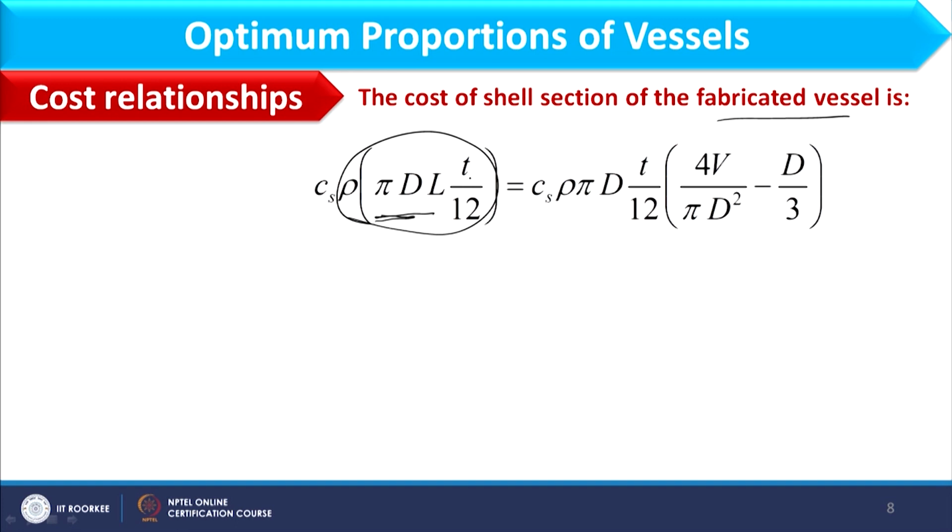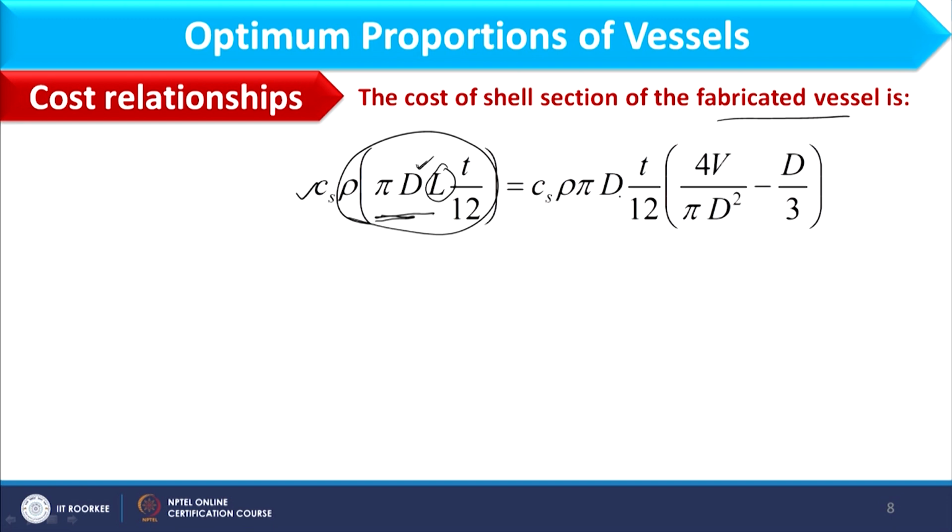So that would be the area, and that will be multiplied with L to get the total volume of metal sheet. Now, why am I taking this T by 12? Because diameter and length I usually have in feet and T is in inches. So T by 12 I consider to make the units uniform, and then it will be multiplied with rho, that is density. So it will give the total mass of the material used to prepare the shell, into CS.